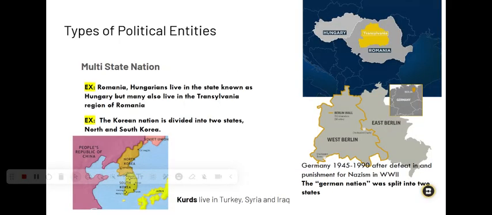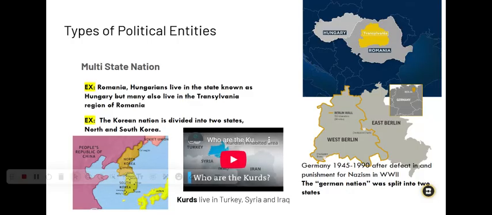Okay, sorry about that. So multi-state nations, Romania. Hungarians live in the state known as Hungary, but many also live in the Transylvania region of Romania. Yes, Transylvania, like Dracula. That's where the legend comes from. And for those of you that didn't know, Transylvania is a real place.